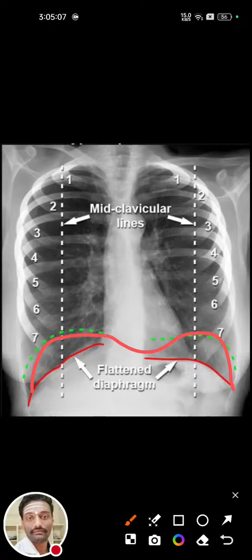Mostly the chest X-ray is advised in lower respiratory tract infections or respiratory diseases, heart diseases and cardiovascular issues, cardiac patients, and severe SOB patients. X-ray is a must.